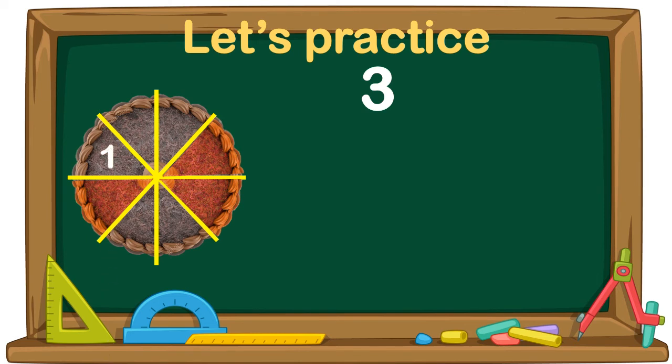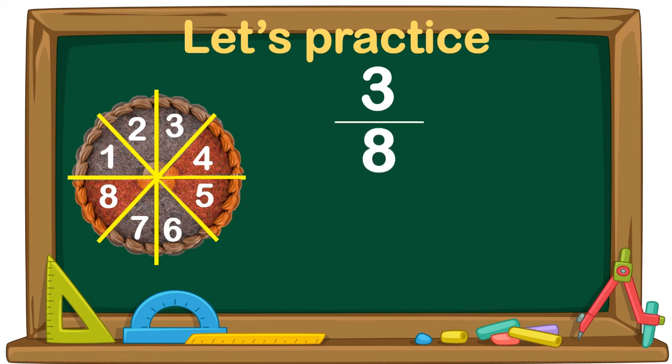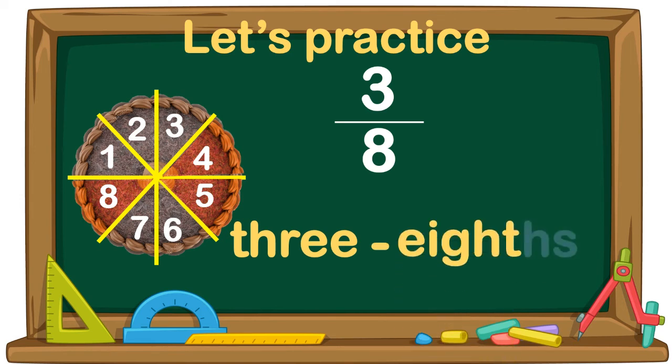Then I have to count all the parts: 1, 2, 3, 4, 5, 6, 7, and 8. And that is the number that I'm going to have down. The writing is three eighths, and I add HS because the number 8 already has a T.